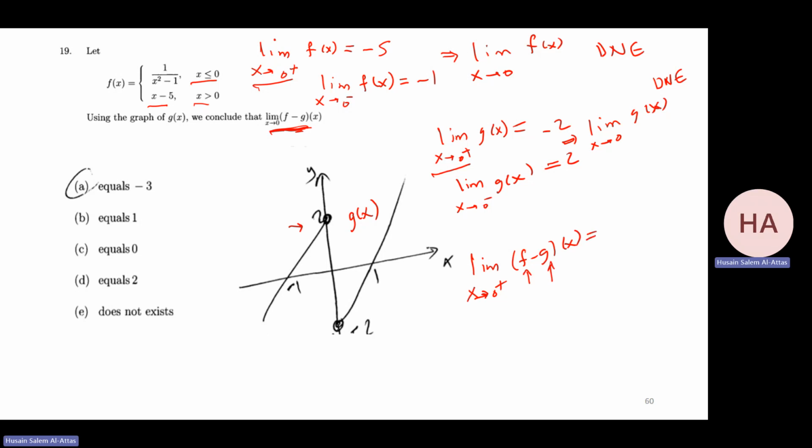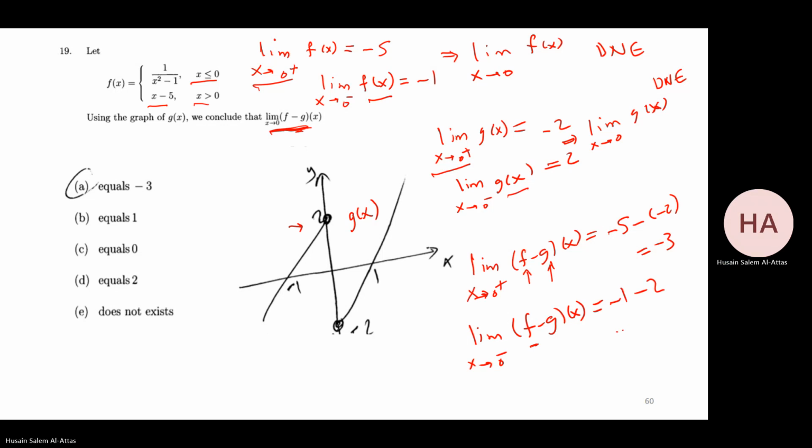So that will be f from right, minus 5, minus 2, and that is minus 3. And limit x goes to 0 from left. We'll do the same now from left. F from left is minus 1, and g from left is 2. Both are the same, so this limit equals minus 3.